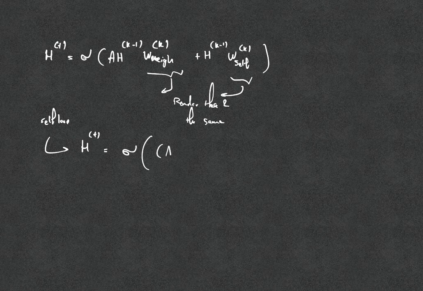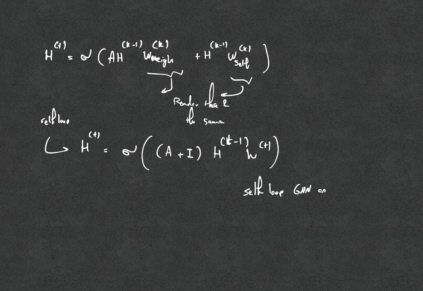You have the nonlinearity. This time you also have the self loop, meaning that the diagonal elements of the adjacency matrix will become 1 as well, and then you have H for the previous iteration times W_t. And we call this the self loop GNN approach.